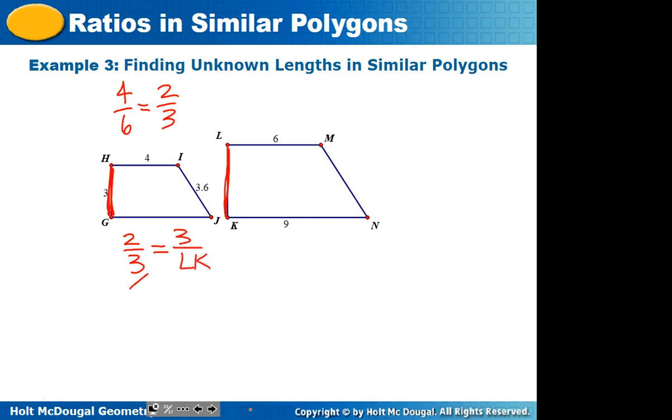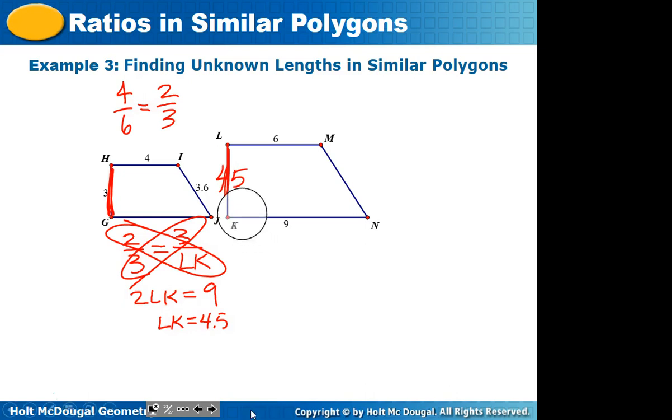So how do we do this? We cross multiply. That's 2LK equals 3 times 3, which is 9. We divide 9 by 2, and that's 4.5. So LK equals 4.5. Actually, let me erase that so y'all can see it. So that's going to be 4.5 here.